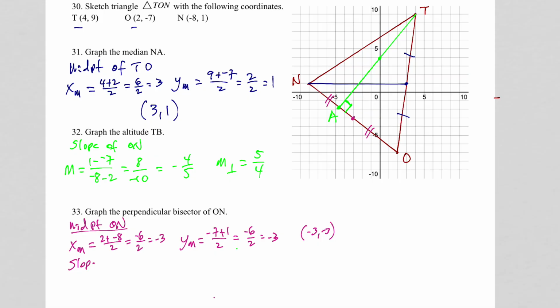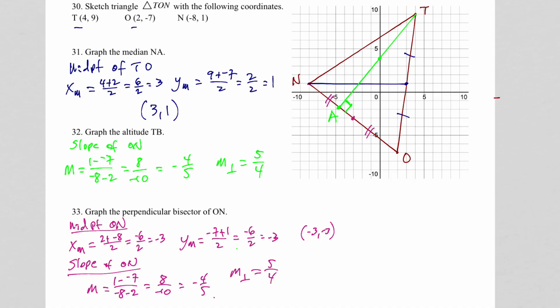So the slope of ON is the difference of the y's, 1 minus negative 7, over the difference of the x's, negative 8 minus 2. This is 1 plus 7, or 8, over negative 8 minus 2, which is negative 10. So I get negative 4/5. I guess I already knew this. This was done earlier. I guess I could have copied that. So the perpendicular is positive 5/4.